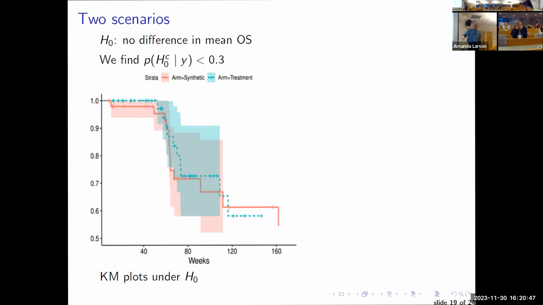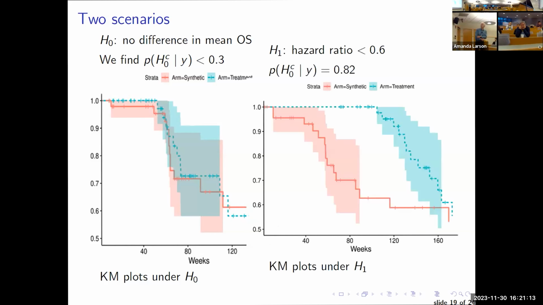Using the historical data and adjusting it, going through all the steps that I talked you through, in the end, this is the survival curve that you see, and no matter what kind of method you use, there's obviously no treatment effect. And formally, within the model, we find the posterior probability of the alternative is less than 30%. No matter how you want to proceed, that surely does not justify reporting the alternative.